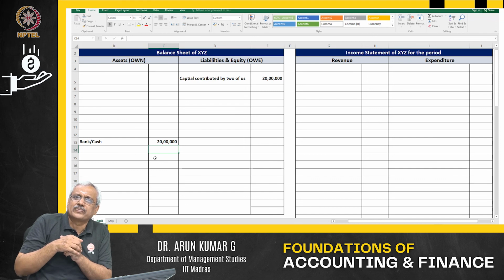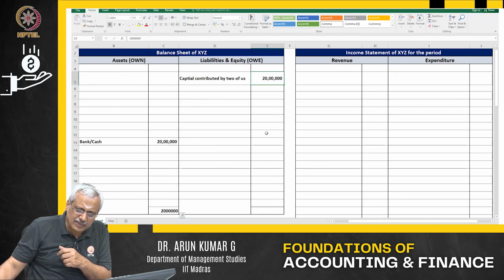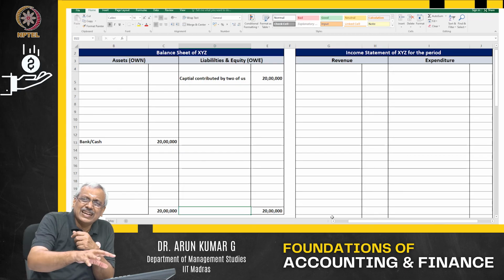Every transaction that happens here will obviously get reflected in the P&L or the balance sheet, whichever it is.